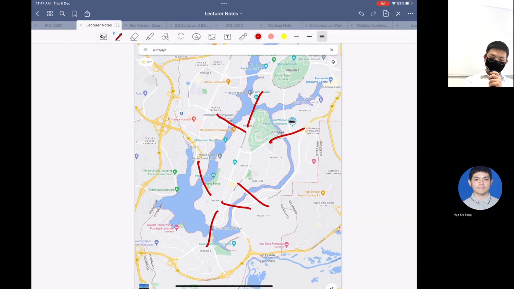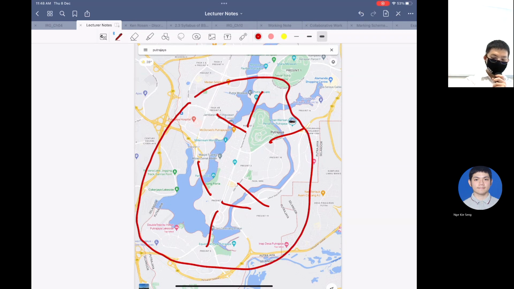How to do it? How many vertices do you have? You need to regard the connected part as 1 vertex.